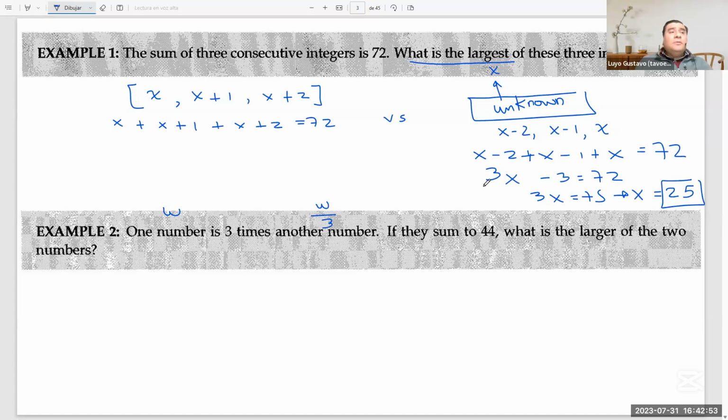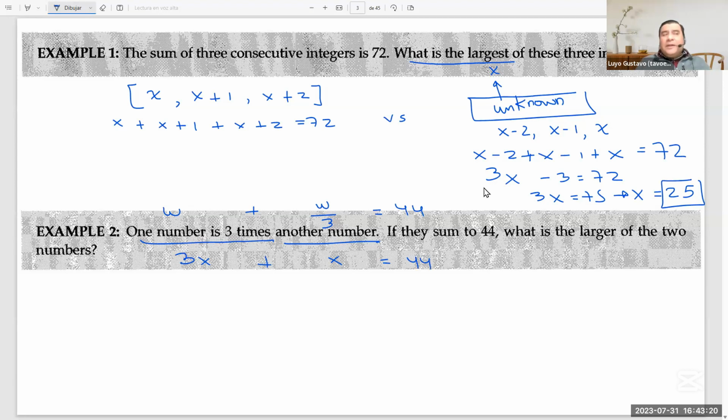But another would be to say that if one number is 3 times another, this other number, the lesser one, is actually x. And the one greater than the other would be 3 times x. So which is more convenient? The sum of the two would be 44. Work with x or work with w?